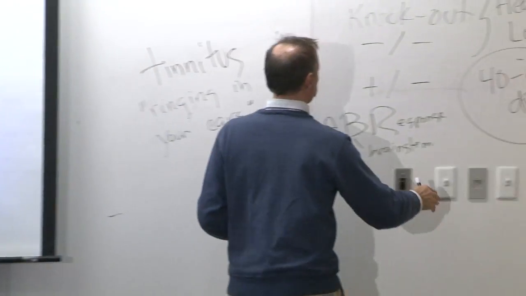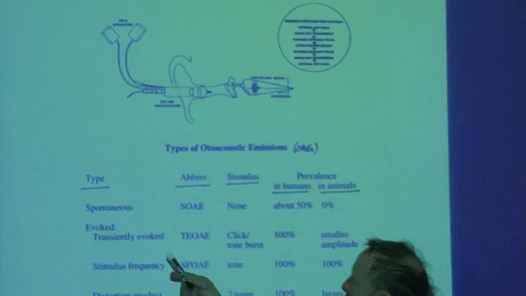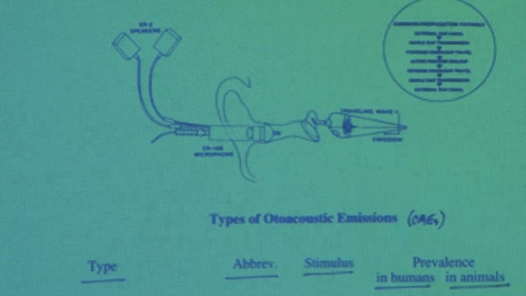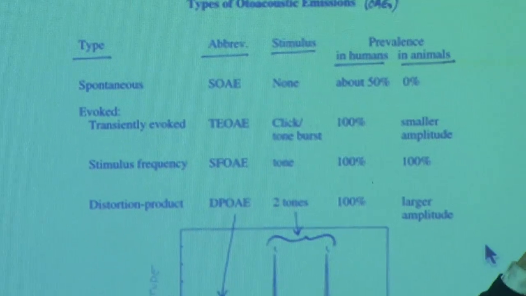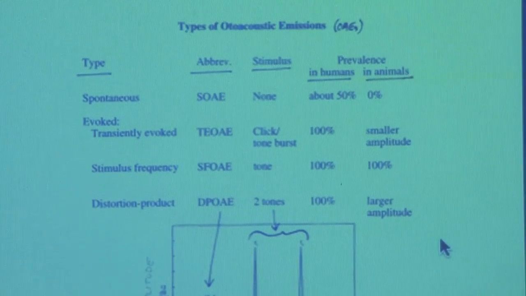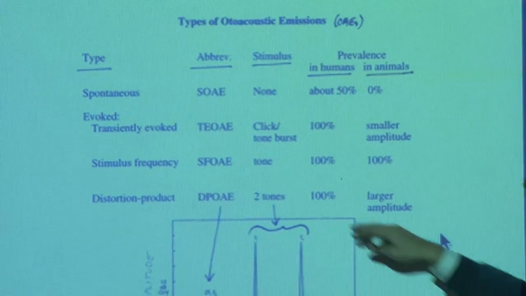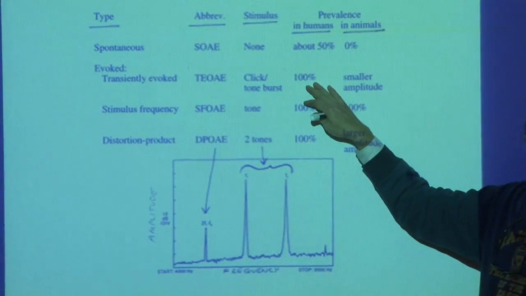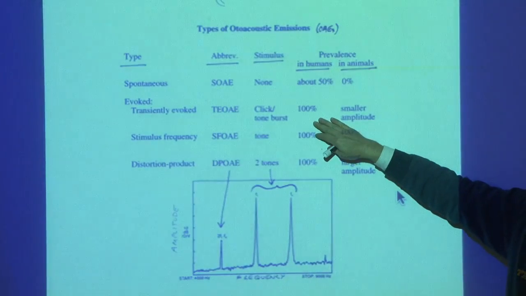Well, there are other types of otoacoustic emissions that are evoked. That is, you put sound in and you listen for the sound coming back out. Some of these are transiently evoked. You put a click in and a few milliseconds later you get a sound coming back out. And that's the usual clinical test. And 100% of normal hearing humans have these so-called otoacoustic emissions.